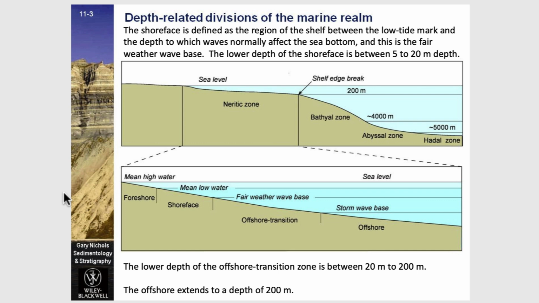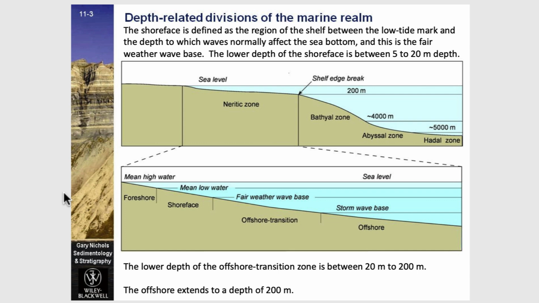Below this storm wave base, so where you don't even have actions of waves that is caused by storms, you enter the offshore domains. And so here, of course, we have much more quiescent depositional settings, and so we accumulate the majority of the finer fraction sediments, which are commonly traveling off the coast in suspended loads.